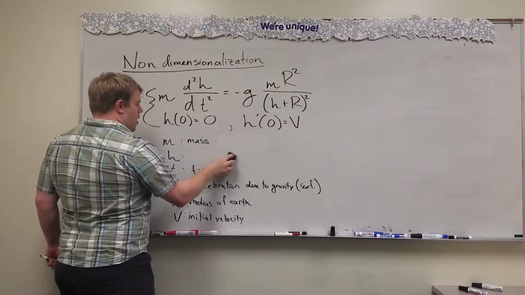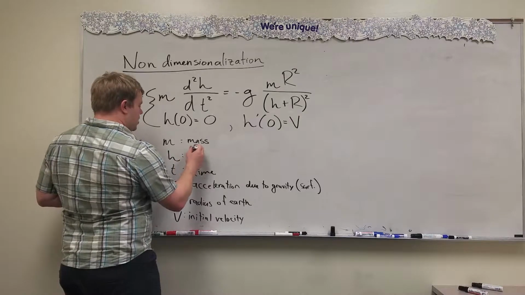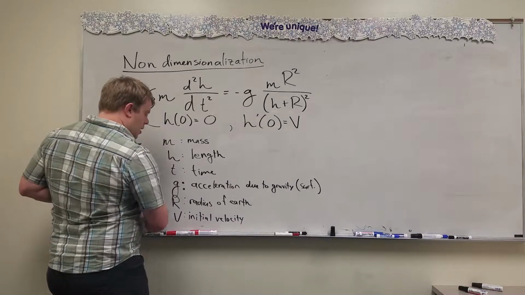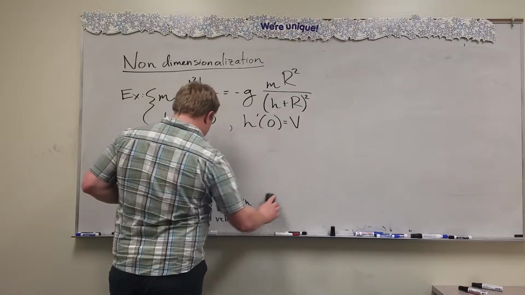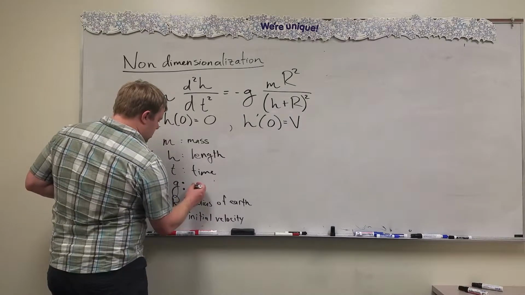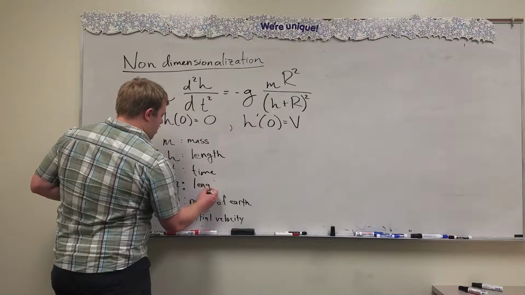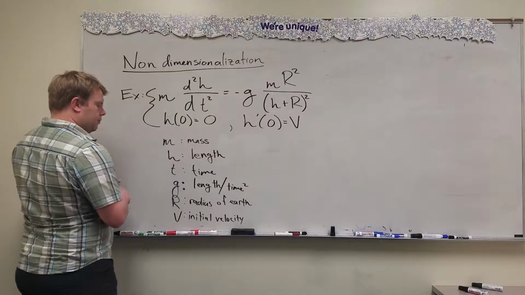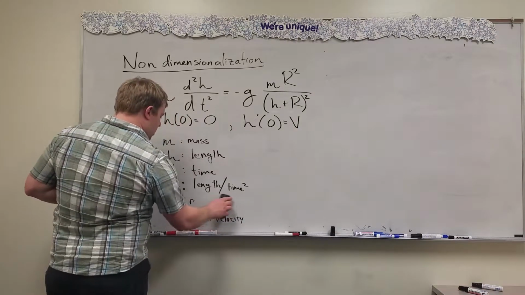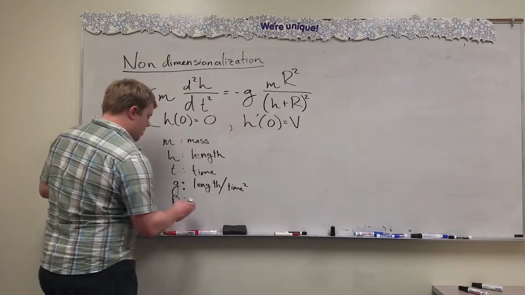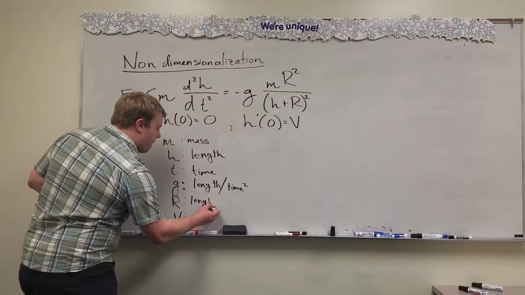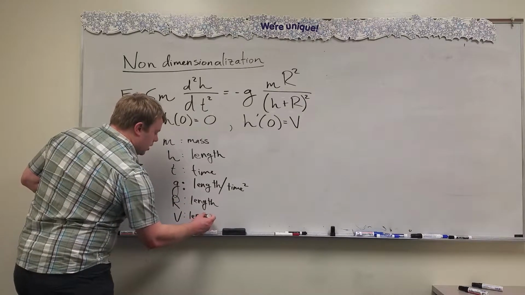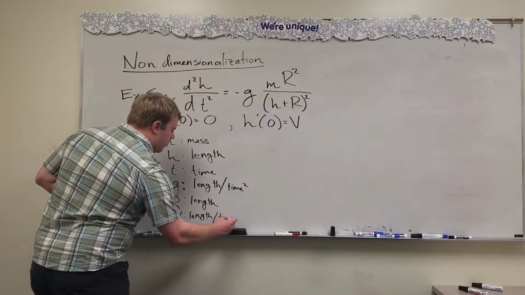So m, I'm just going to write as mass. h, instead of height, I'm going to call it length. t is time. g is acceleration, but I'm going to call that length over time squared. r is just length. And v is velocity, which is length over time.